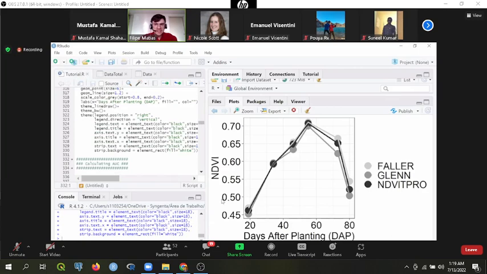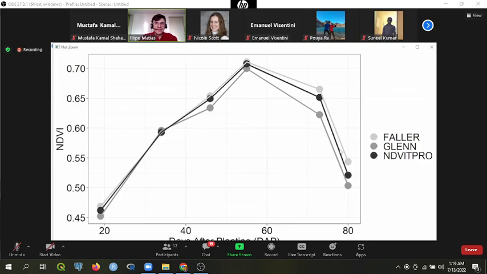What we are talking about basically is what we describe here. Imagine a situation where, for example, this genotype, the Glen, is less green during the whole cycle than the NED Pro or Fowler, which has more green during the whole cycle. Imagine if this information of the area below the curve is related with the yield in the end. Our question was that, and then we decided to go for those traits with the area under the curve.